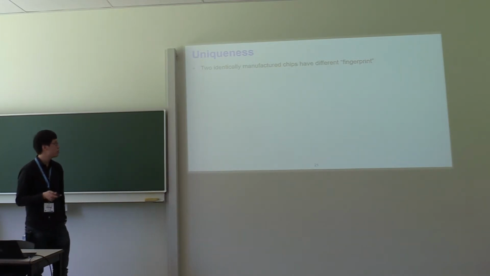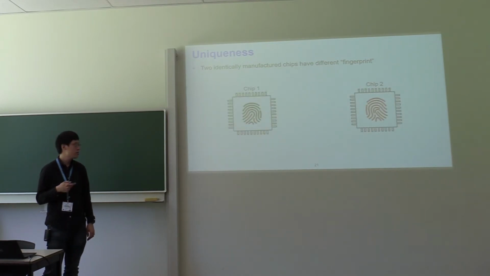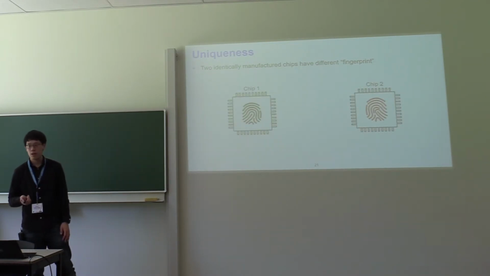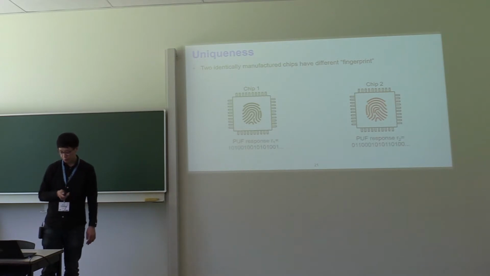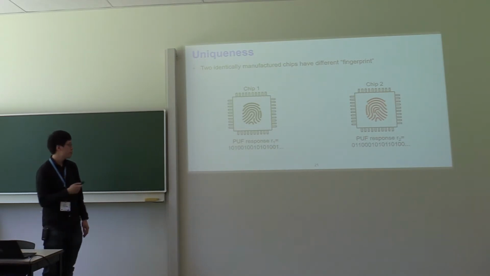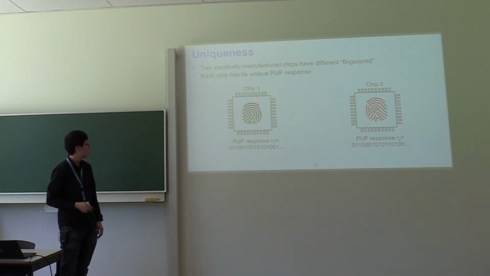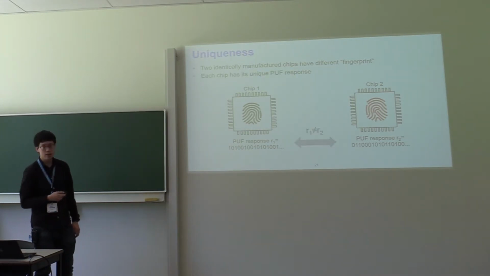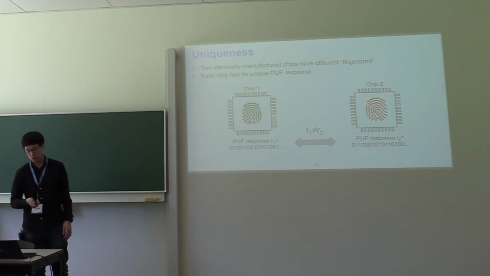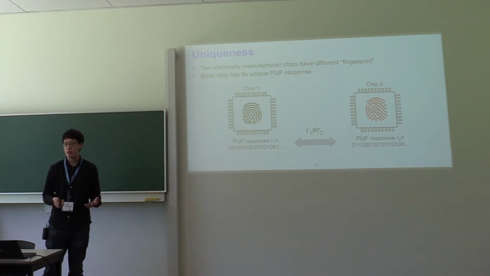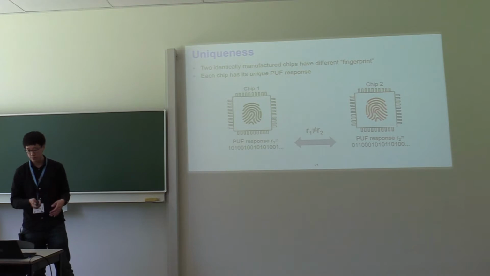We want it to act like a chip fingerprint, so of course we don't want two chips to have the same fingerprint. The PUF responses of the left chip and the right chip should be different. R1 shouldn't be equal to R2, and it needs to have a certain difference, so that you cannot predict one from another.